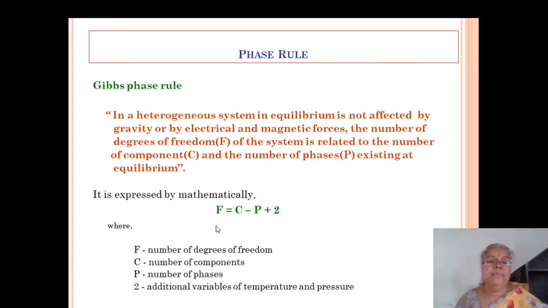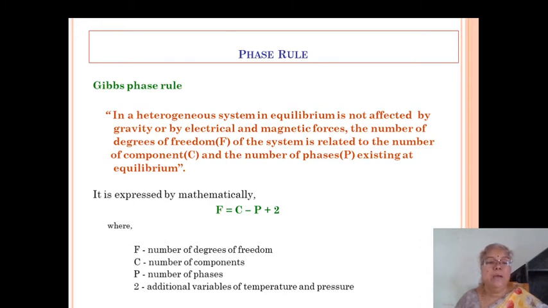Here F means the number of degrees of freedom, that means the number of variance. As already told, C is the number of components present in the system, and it is calculated by the minimum number of independent chemical constituents.